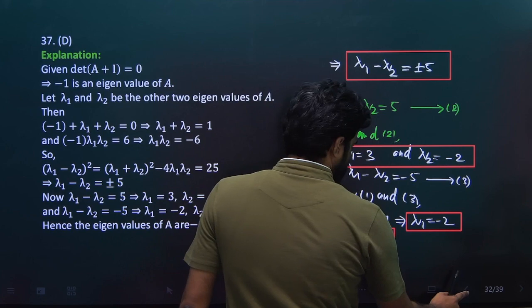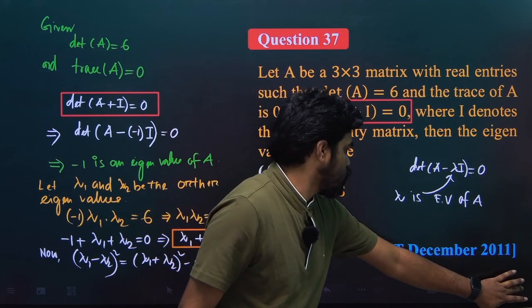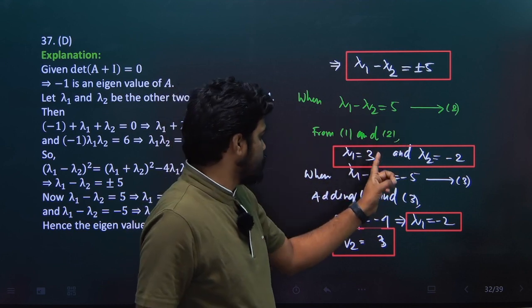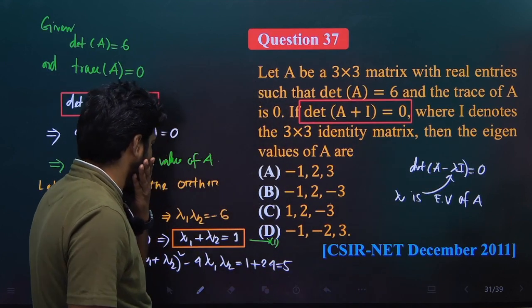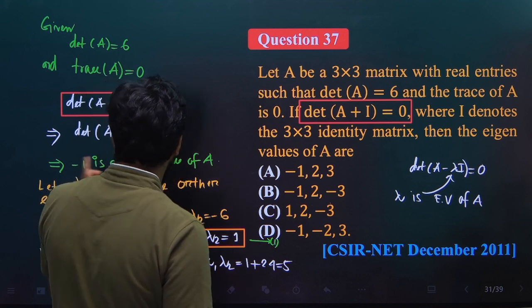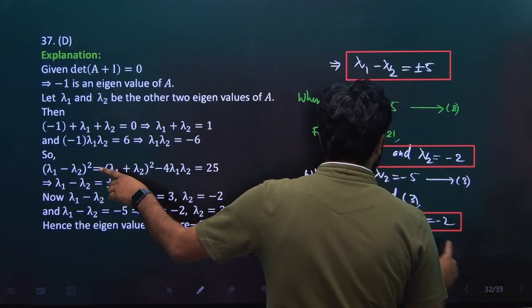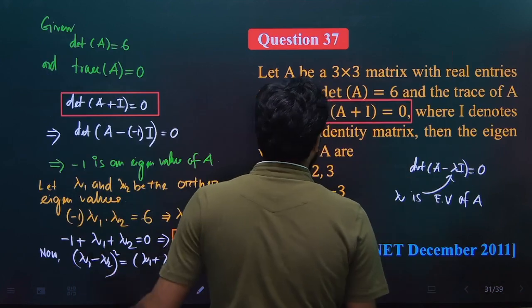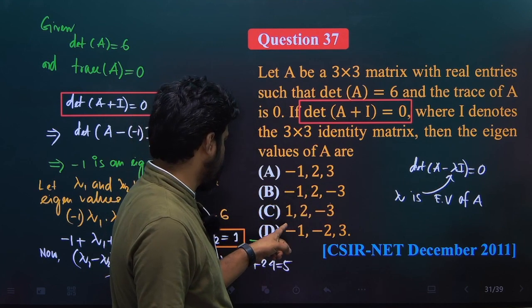Just see what we get. Sorry, not 0, we got -1 as an eigenvalue: -1, 3, -2.